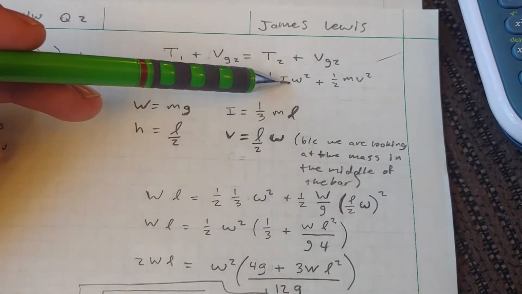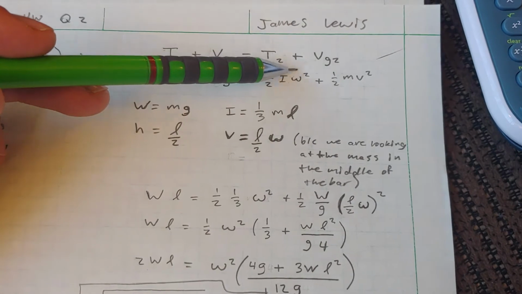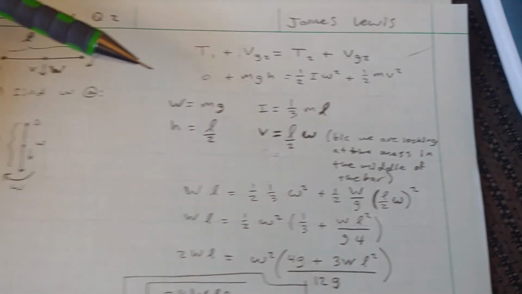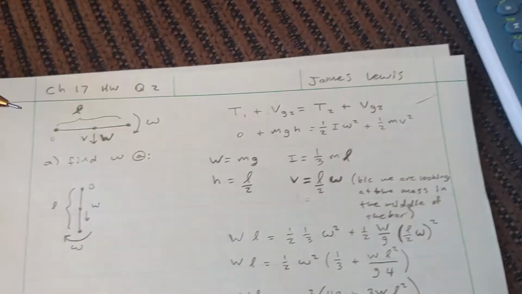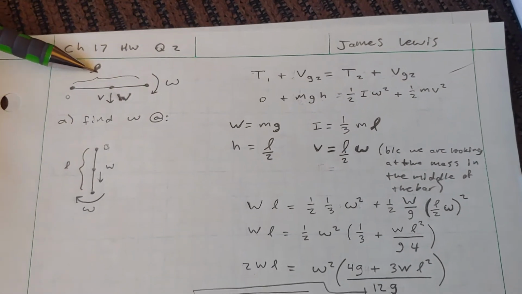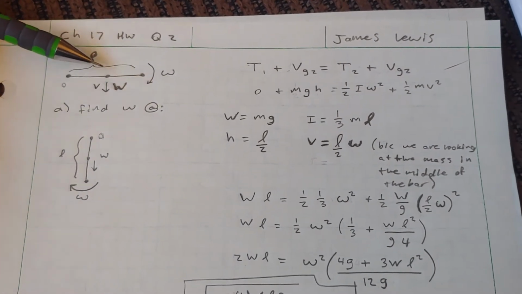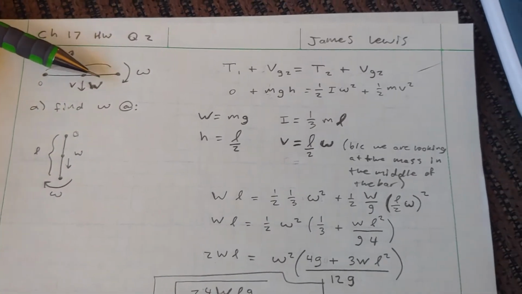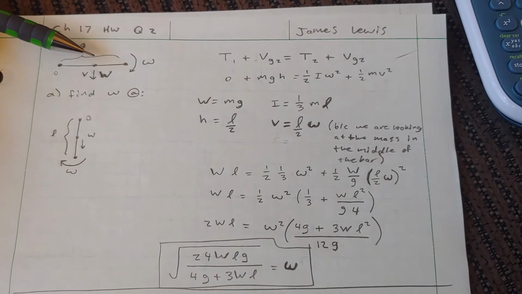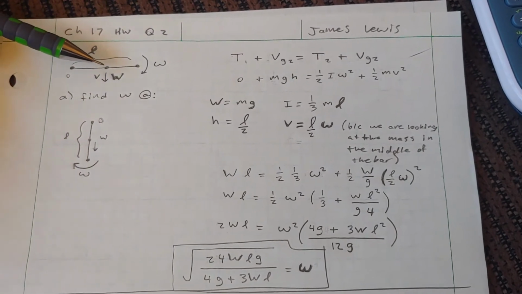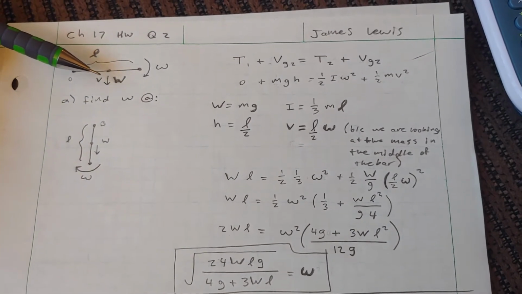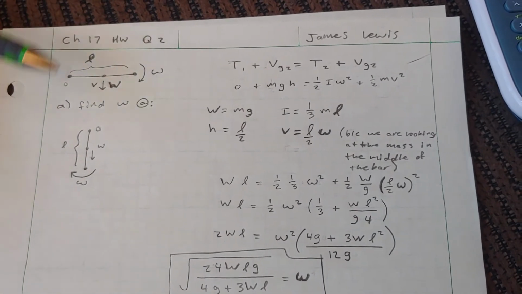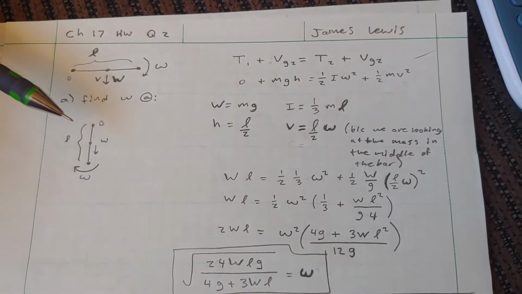1/2 times inertia times angular velocity squared plus 1/2 mass times velocity squared. We want to get everything in terms of these parameters: our length, our weight, and gravity, just because those are the only inputs that we were given, our length and our weight.